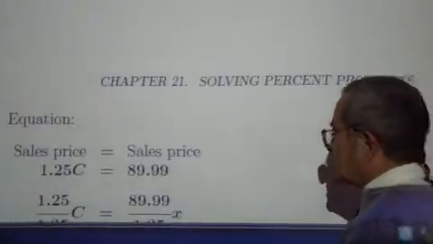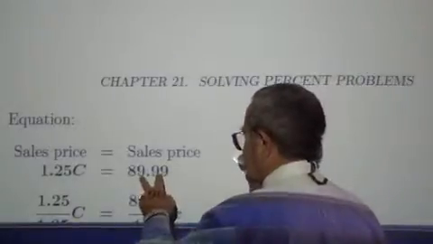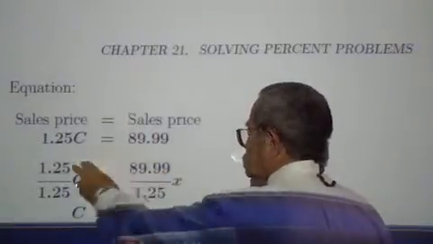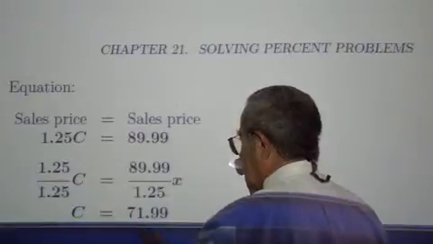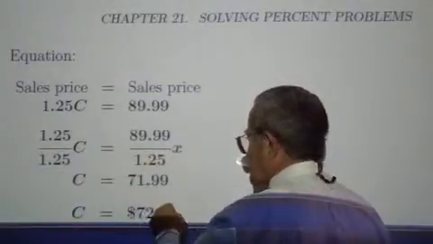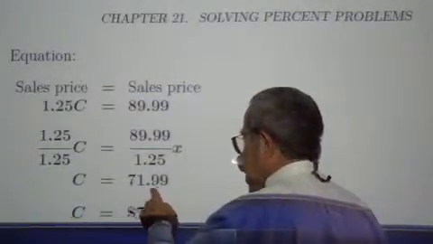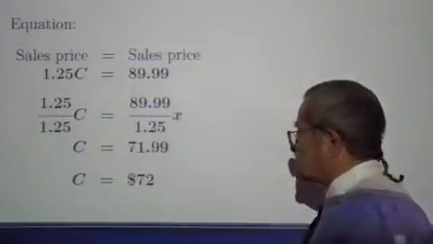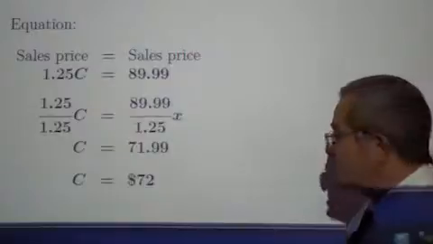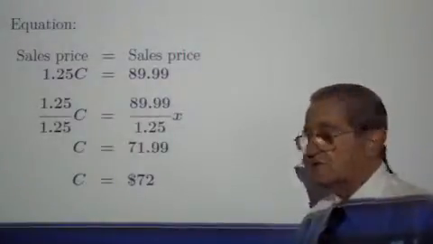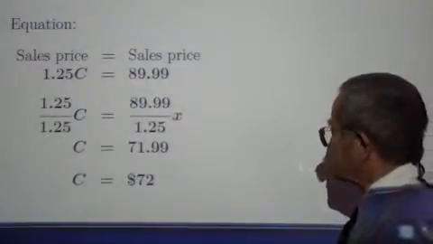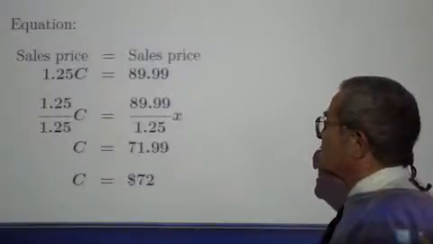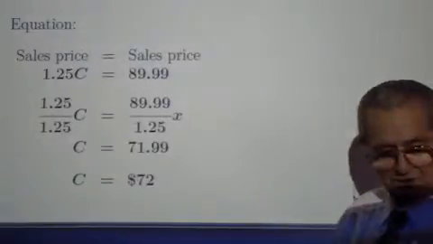Now your equation is 1.25 cost is $89.99. Divide both sides by 1.25. After you move the decimal point and do the division, you get $71.99, and you can round it to $72. So the cost must have been $72. You want to look at this for a little while.